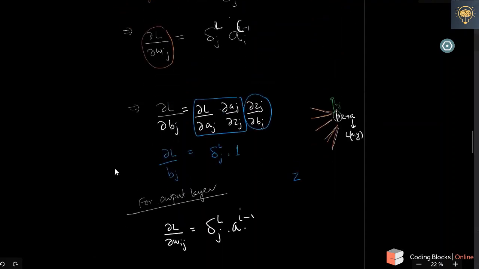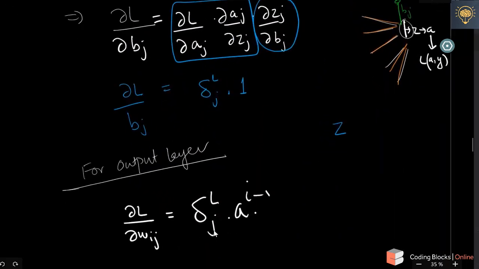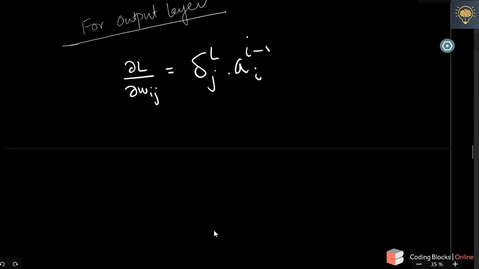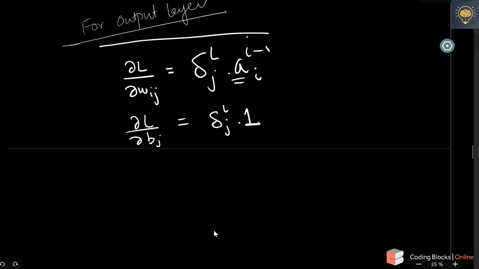This should be capital L, and an I here. And we have delta L with respect to delta of bj, so this is going to be nothing but delta L of j, and this activation is now 1. That's it. So this is the formula.